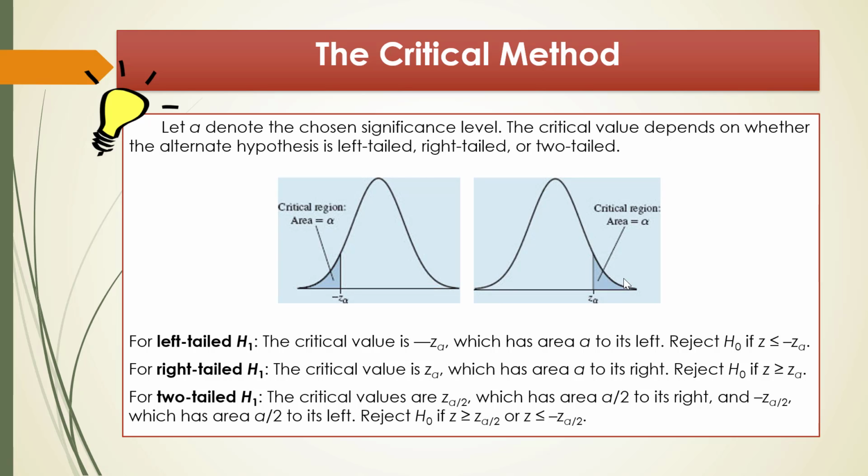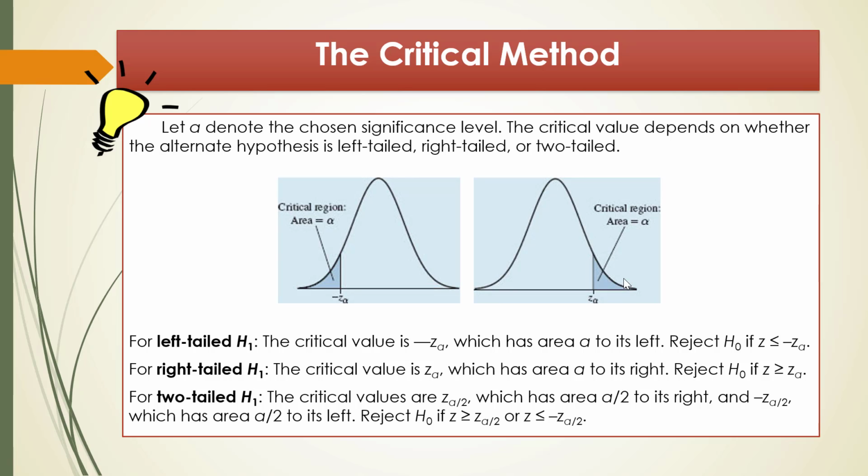Another way to memorize it is, for the left tail, the critical value is always negative. For the right tail, the critical value is always positive. For the left tail, the critical region is on the left of the critical value. For the right tail, the critical region is on the right of the critical value.